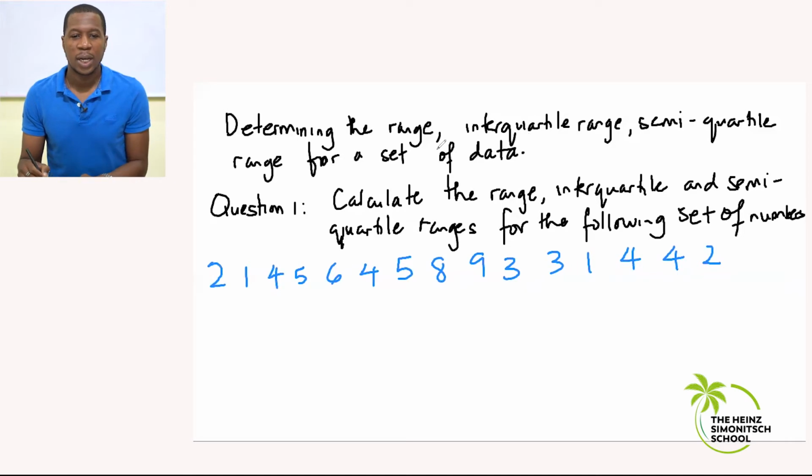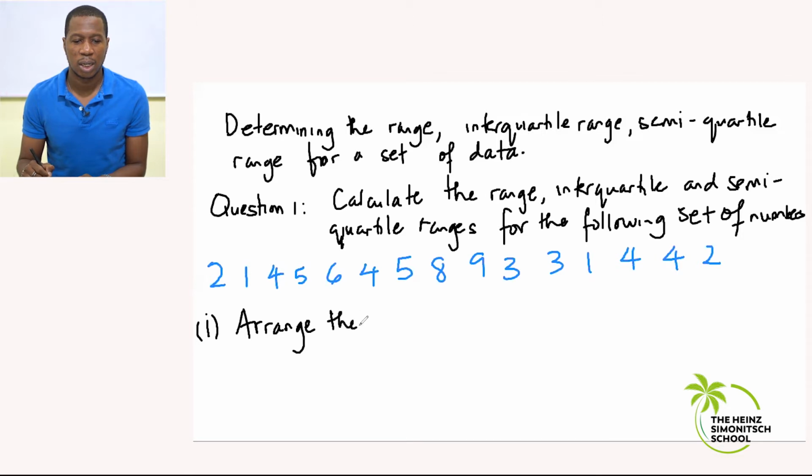Good. The first step is that you're going to arrange these numbers in ascending order, in order for us to find the range. So arrange the set in ascending order.